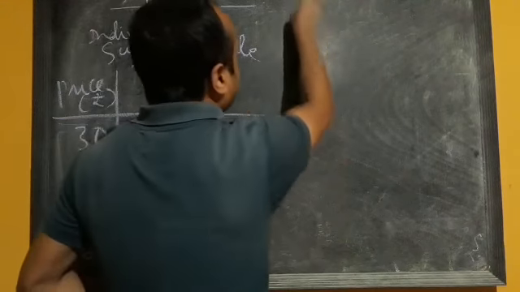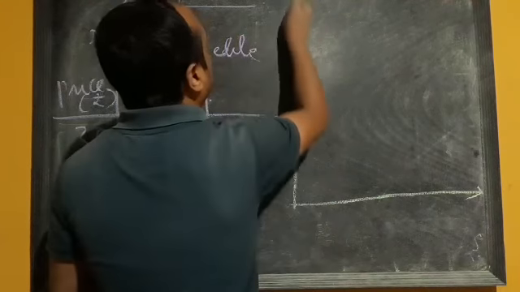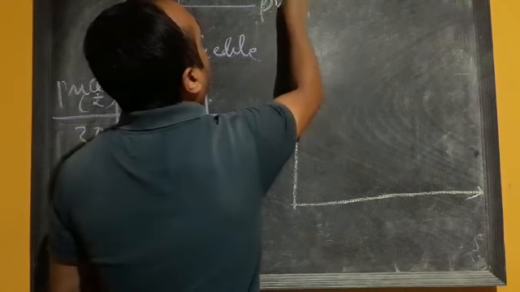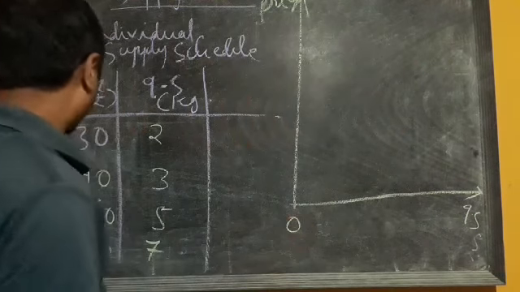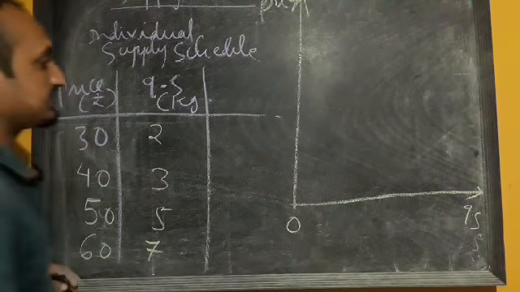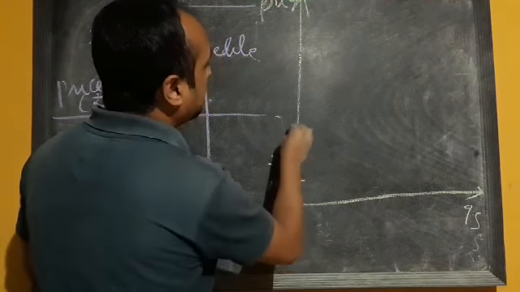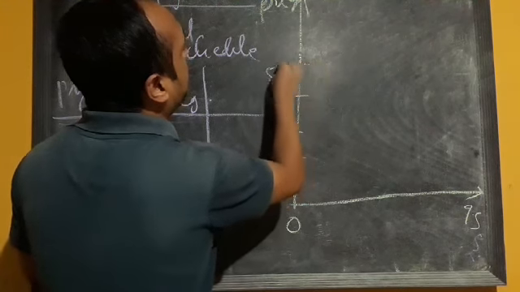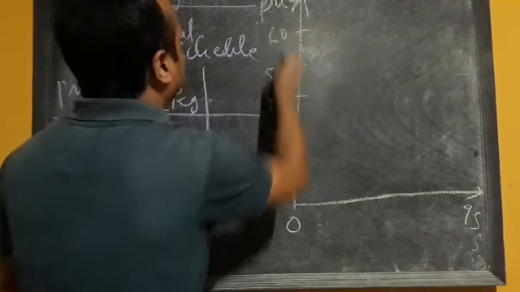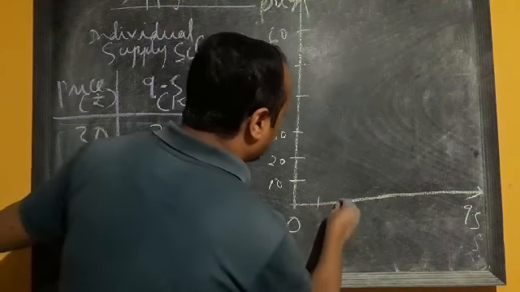So now let's take, suppose, price and quantity supplied. Now price is 30, 40, 50, 60. Suppose this axis is 10, 20, 30, 40, 50, 60. When the price is 30, suppose quantity supplied is 2 kg.